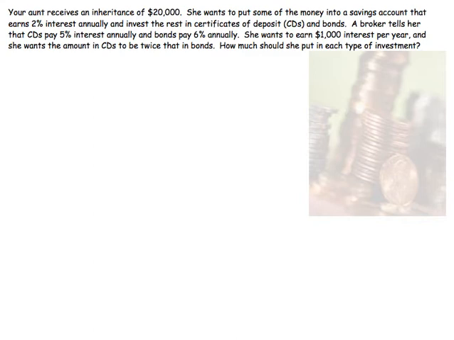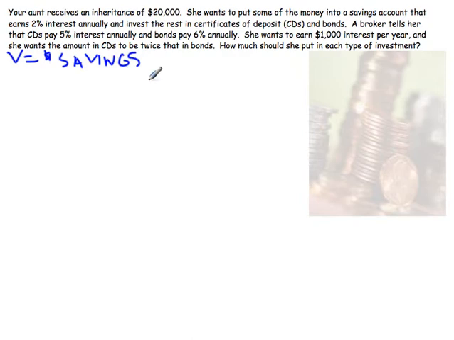Well, to start out with, I'm going to have some variables. I know that I have a savings account, so I'm going to start with V for the amount in savings. I'm using a V instead of an S just because it's a little easier to read.